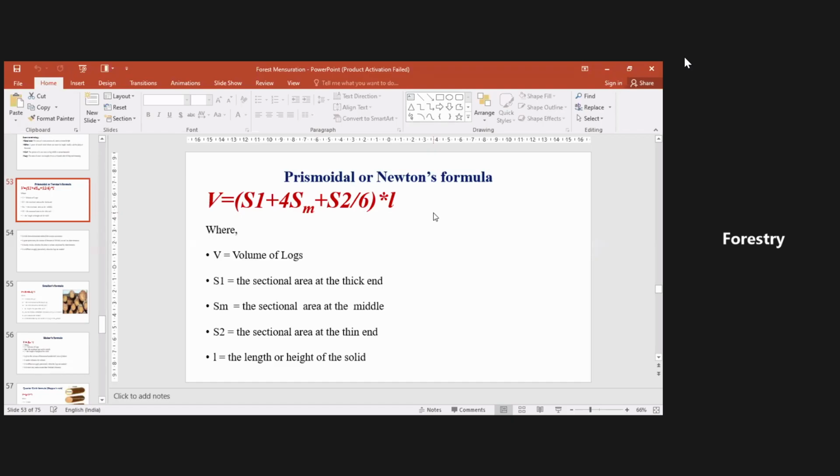Then it will not give the exact volume of the trees, which is mainly a problem for selling. It may be underestimate or overestimate. It will not be good for selling the timber. So that is overestimation.